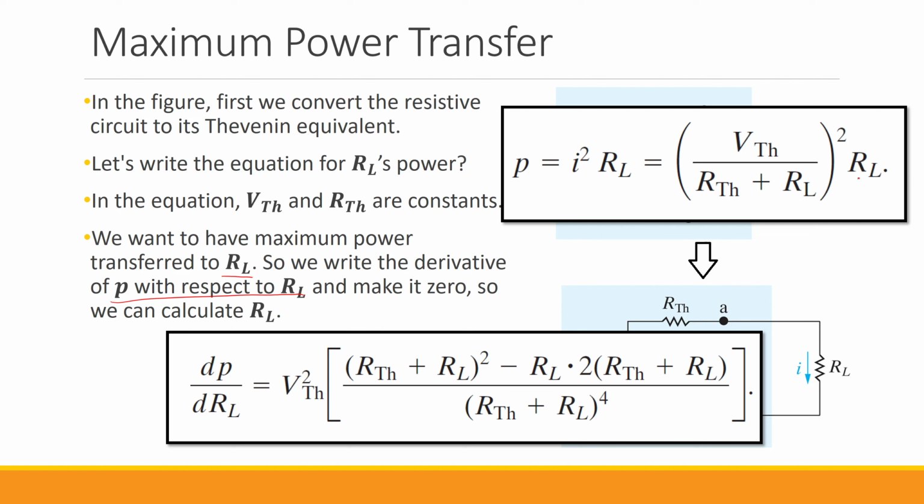The numerator here is RL only. And VTH squared is a constant value that is not dependent on RL, so we treat it as constant and we don't need to do anything with it. And then this is divided by the denominator squared. It was RTH plus RL squared, so now it should be RTH plus RL to the 4th.